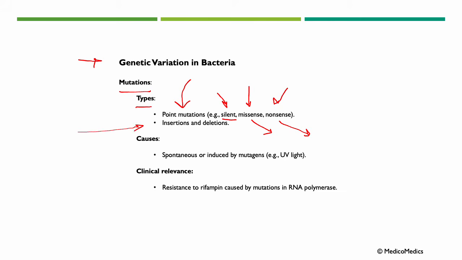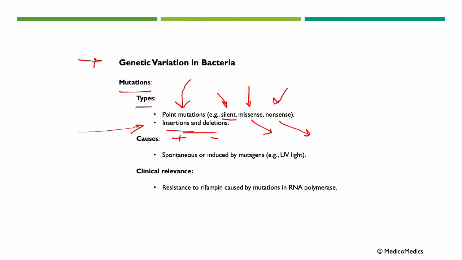And then we have insertions and deletions. So insertion essentially means addition. You're adding something, right? And deletion is removal. So removing something. So it's either an addition, an insertion, or removal, a deletion of nucleotides.